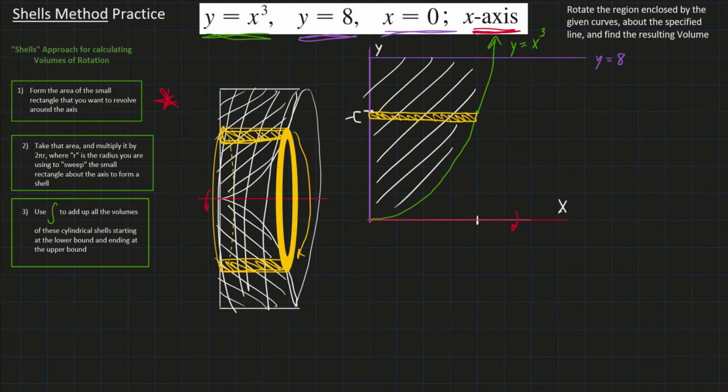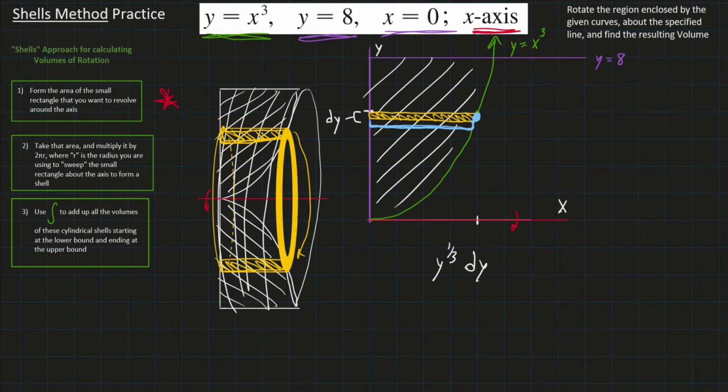So my width right here, that's definitely going to be dy, a little bit of length in the y direction. And this right here is going to be my length. And that length, I notice, is simply the x-coordinate of that green point. So, of course, I can't write x times dy. Because of this dy here, I need this x to be in terms of y. I need the equation in which I put in a y, and it gives me that x. So I'm going to write y to the 1/3.